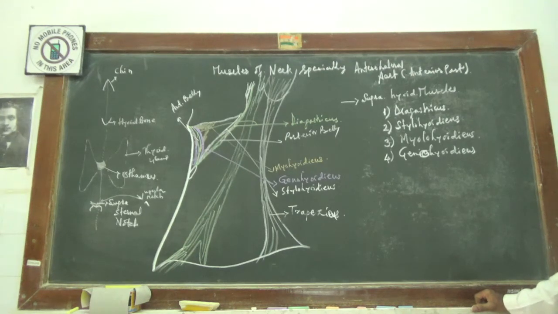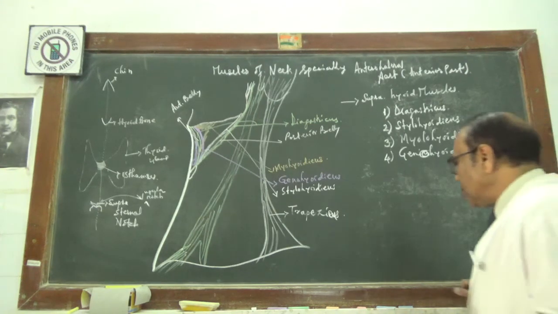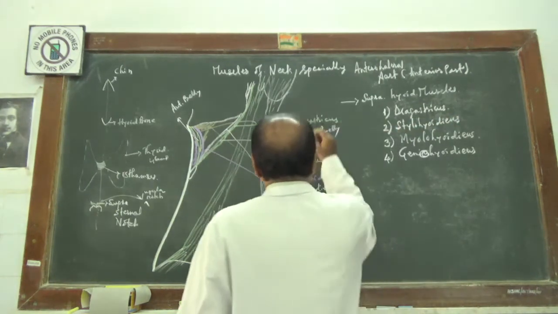It appears like a small stomach-like bulging, a muscle piece or muscle bulk. Hence it is called gastricus. Di means two, so you will have two heads or two portions.